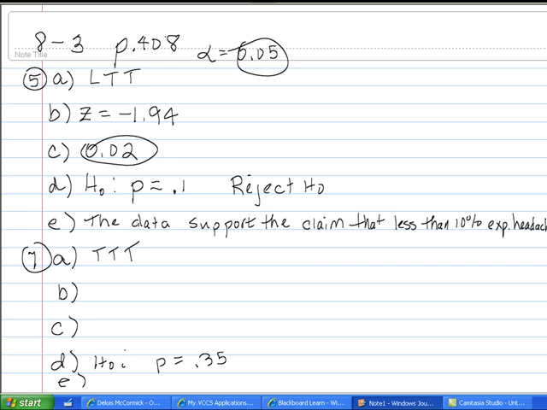Part B, we want our test statistic, and it identifies it as negative 0.28228. C, what is the p-value? The p-value is 0.4106.